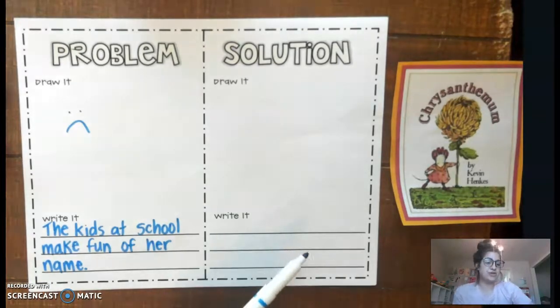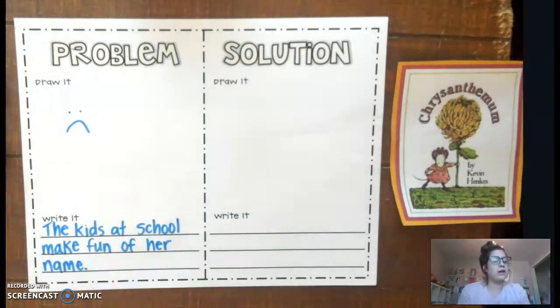The solution, let's fast forward to the end of the story. This problem continues on and on throughout the story. But at the end, let's see if you can think about how that problem is solved. What changes at the end of the story and helps solve her problem?